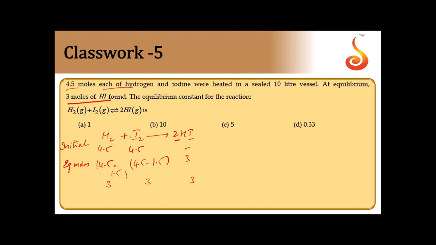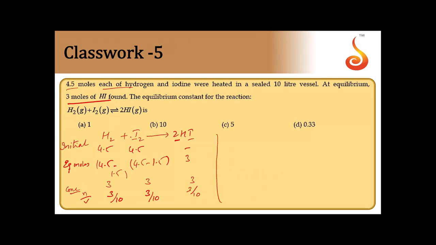Now coming to concentrations, it should be N by V. Volume is given as 10 liters, so divide throughout by 10. So 3 by 10, 3 by 10, 3 by 10. That gives us the equilibrium concentrations.